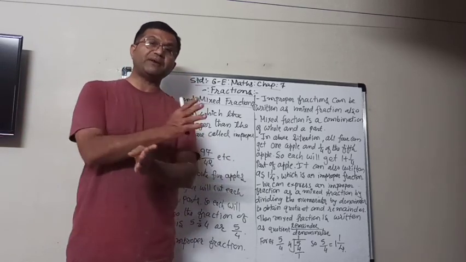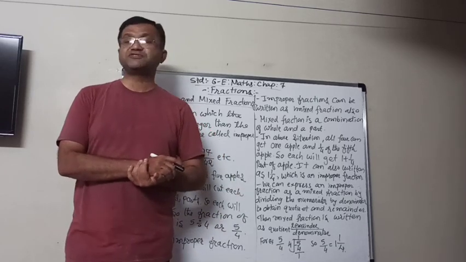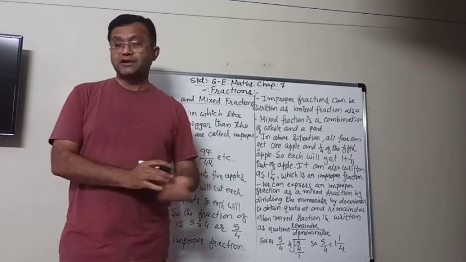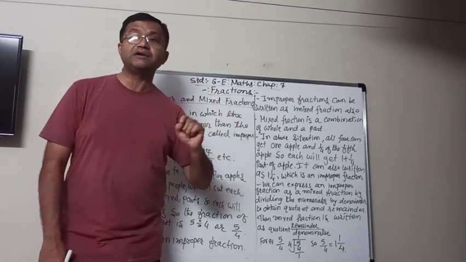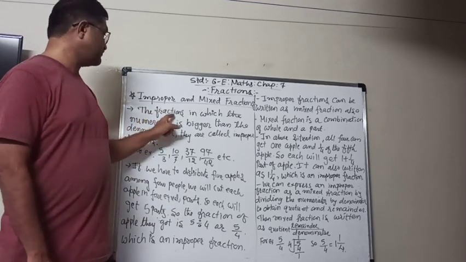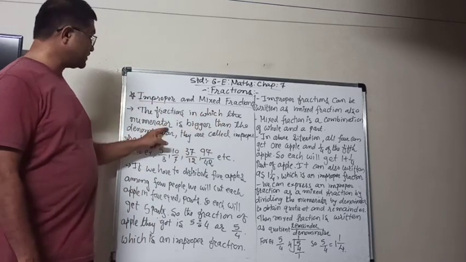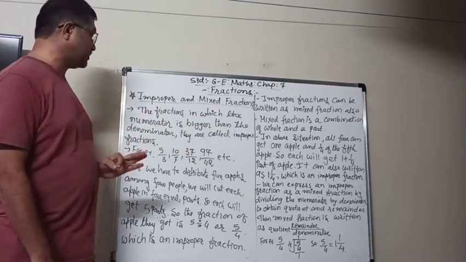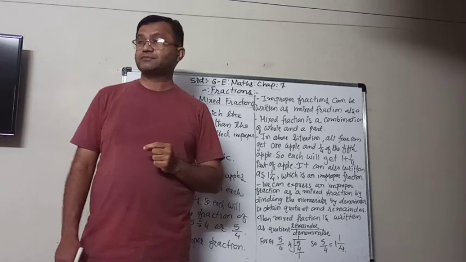In improper fractions, the situation is totally opposite. Here, the numerator is bigger than the denominator. So the fractions in which the numerator is bigger than the denominator are called improper fractions.